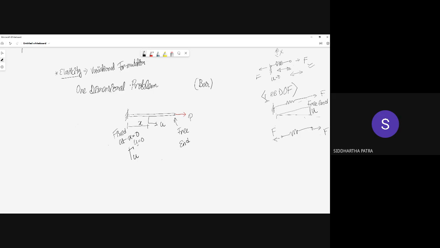What you might not be seeing a lot is a distributed load in association with the point load at the tip. Typically, for bars, we do not talk about distributed load, but there could be distributed load. If you really think about it, if I have this bar right here, which is hanging due to its own weight, that is actually a distributed load.